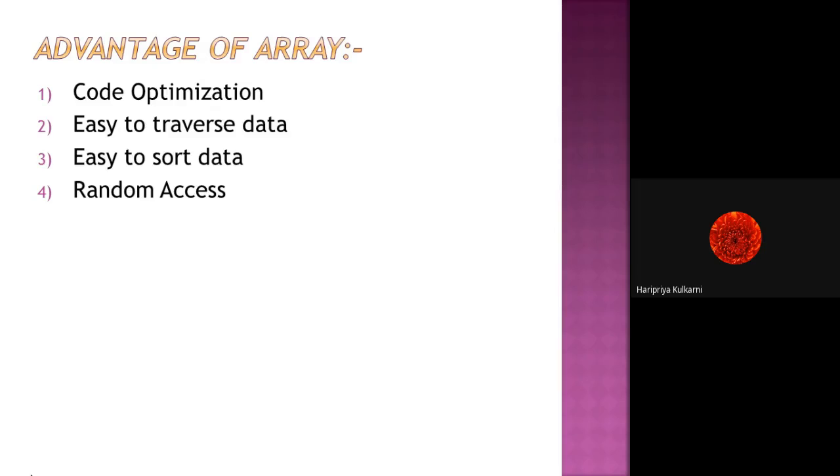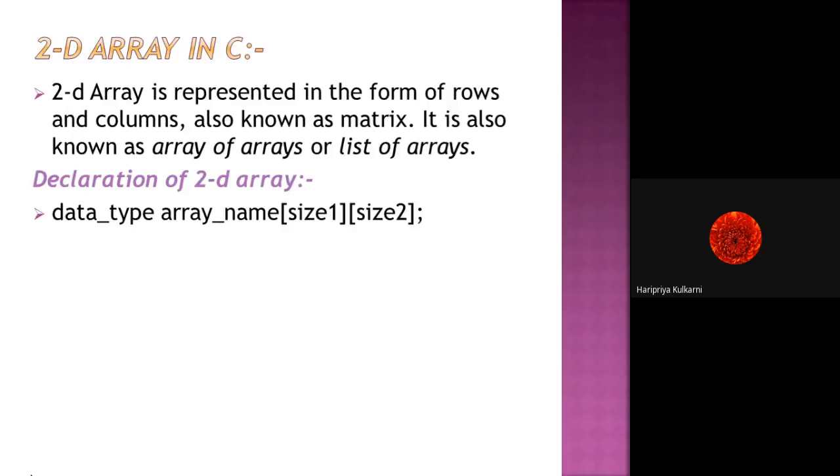Now the advantages of array: code optimization is possible, easy to transfer the data, easy to sort the data, and random access is possible. सो टू डायमेन्शनल अरे देतो कसं आपण, सो इथे अरेचं नाव देतो आणि 2 स्क्वेअर ब्रॅकेट देतो. म्हणजे इथं रो, नंबर ऑफ रोज, इथे नंबर ऑफ कॉलम्स. फॉर एक्झाम्पल हिअर आय विल राईट 60, हिअर आय विल राईट 5, देन इट विल बी 60 by 5.